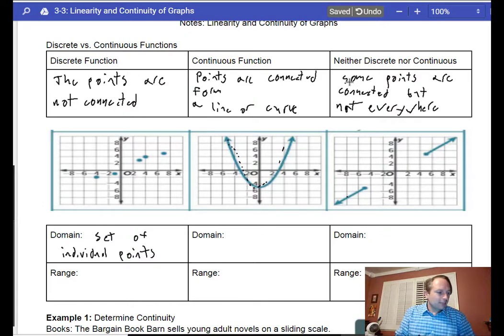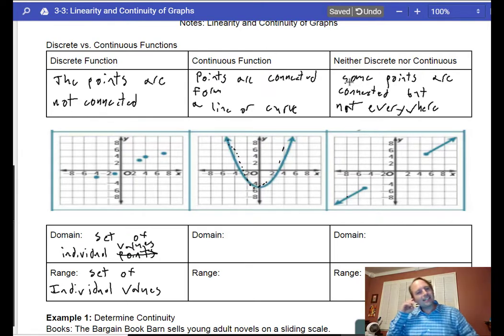And it's a set of individual values for the range as well. Not points, I should have said values for this one. Sorry. The points are a set of individual values. There we go. So the domain for this would be all real numbers.